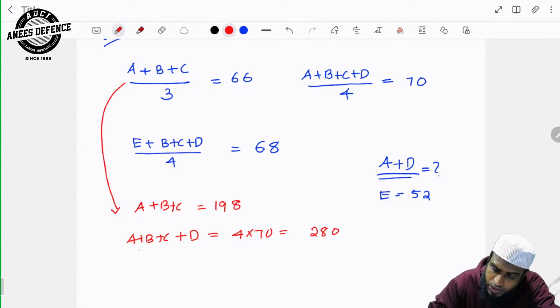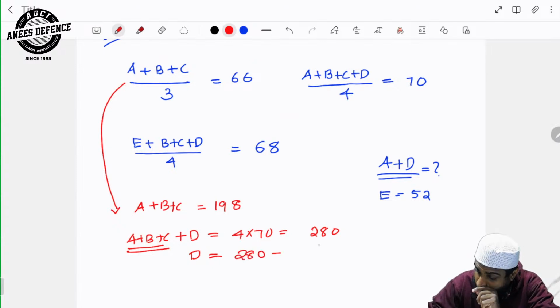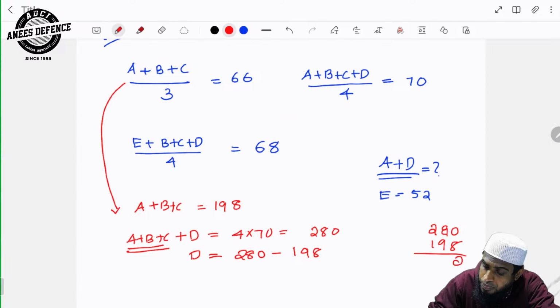Since A plus B plus C is equal to 198, D's mark can be calculated as 280 minus 198, which is 82. So D's mark we got as 82.